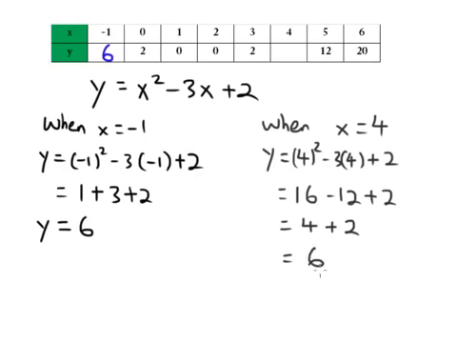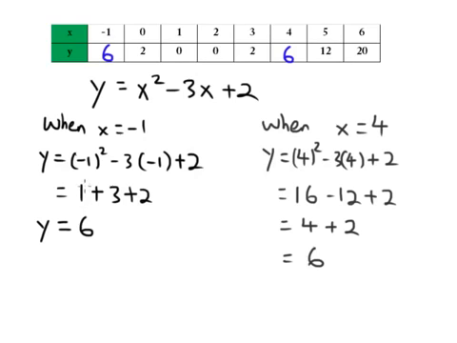So y equals 6 when x is equal to 4. So both values are 6, right? When x equals 4, your y is 6. When x equals -1, your y is also 6. So this is the first part of the question.